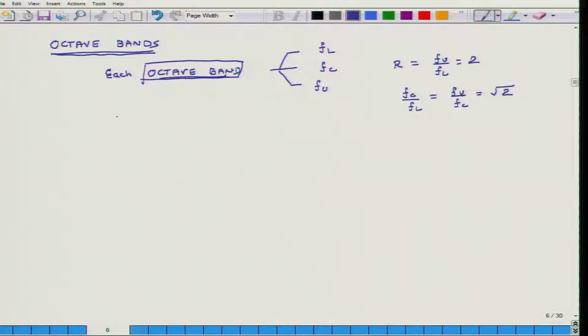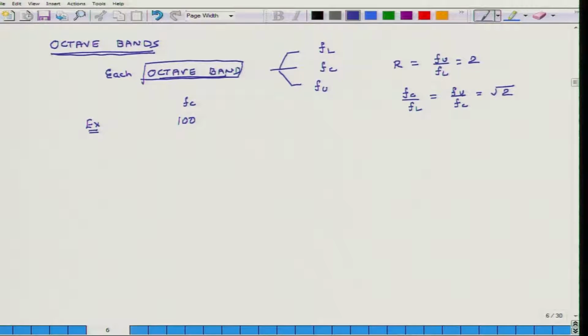So, every band has a central frequency, an upper frequency, and a lower frequency. For example, if I know the central frequency of a band, let us say the central frequency is 100 hertz. So, this is FC.